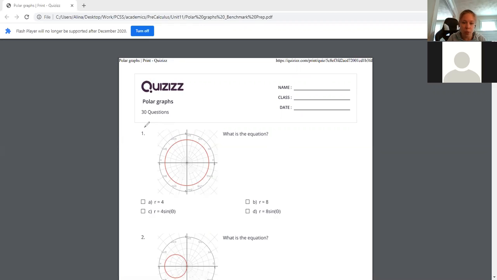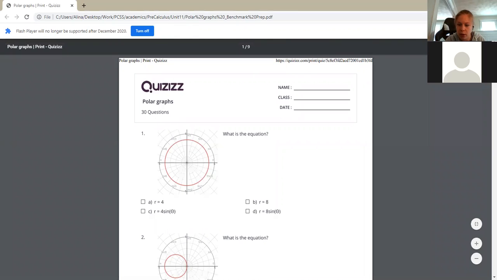Let's get started with question 1. What is the equation? We can see it's a circle, and this circle has a constant radius. Maybe I can make the page a bit bigger.